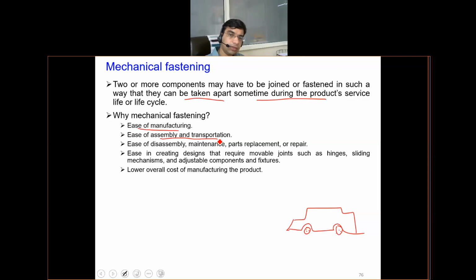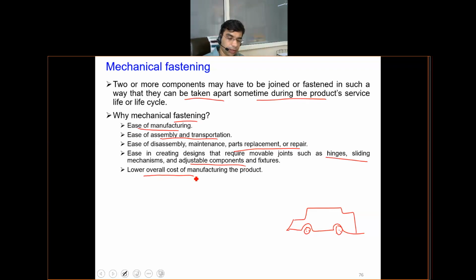Then mechanical fastening is also useful for replacement of parts and their repair, and they are also used to create certain mechanisms for providing motion like hinges, sliding mechanisms, adjustable components and all. And all in all, because of their easy assembly and disassembly, they lower the cost of manufacturing.